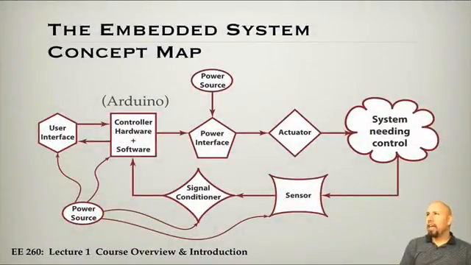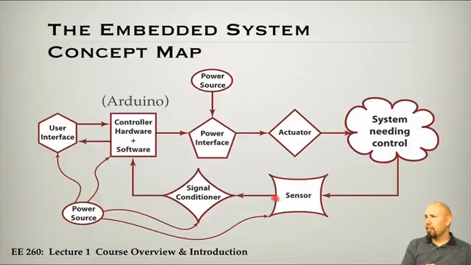Okay, here is the concept map for an embedded system. Over here, we have this system that needs to be controlled. We'll talk a little bit about what that system might be.